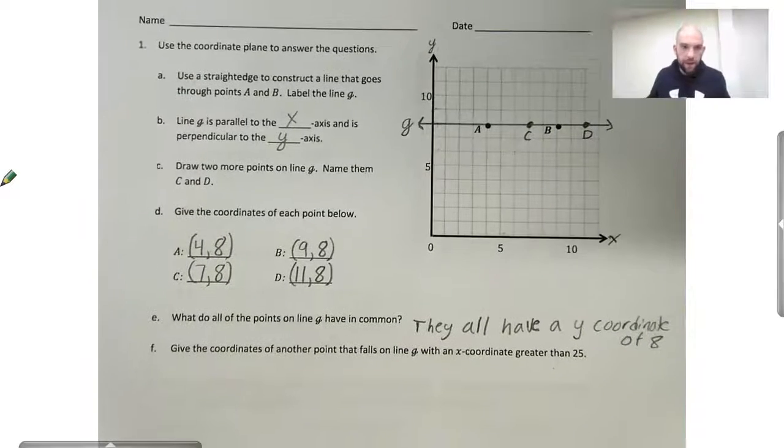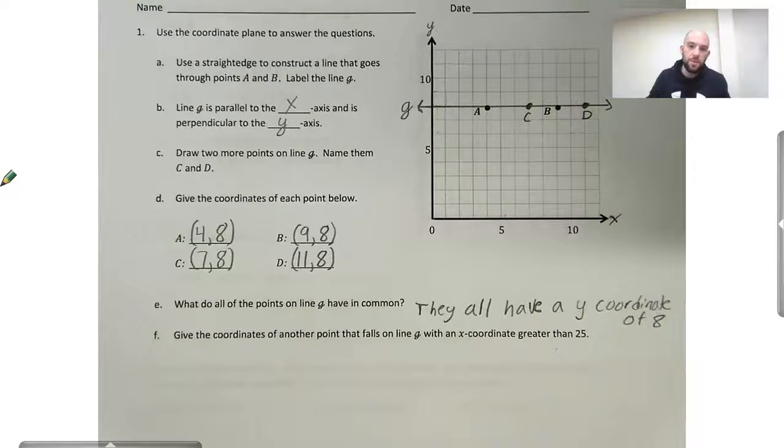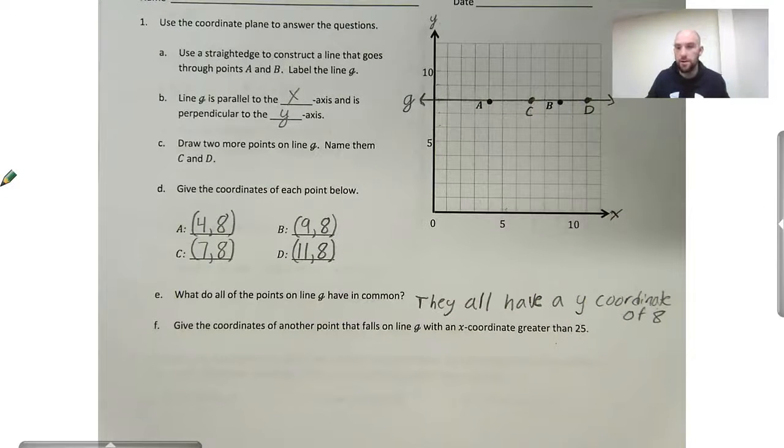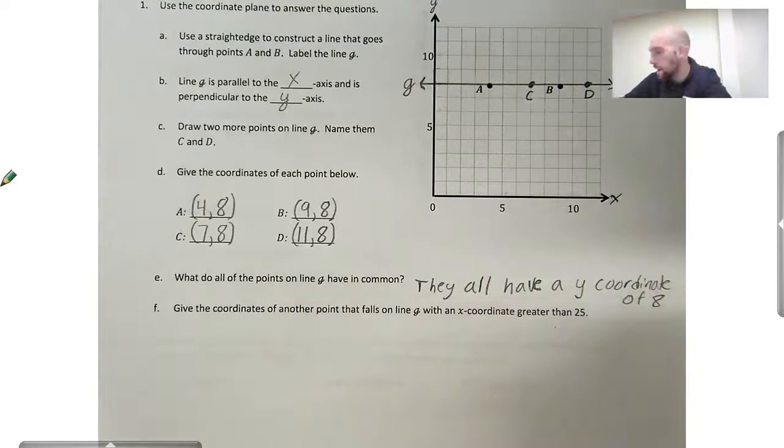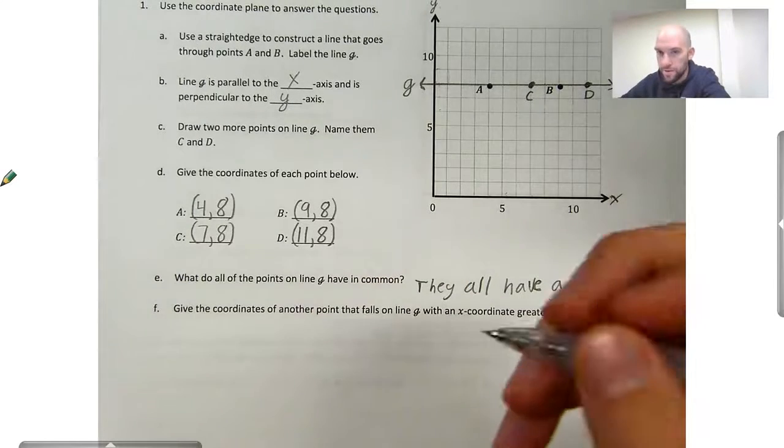Then letter F says give the coordinates of another point that falls on line G with an x coordinate greater than 25.